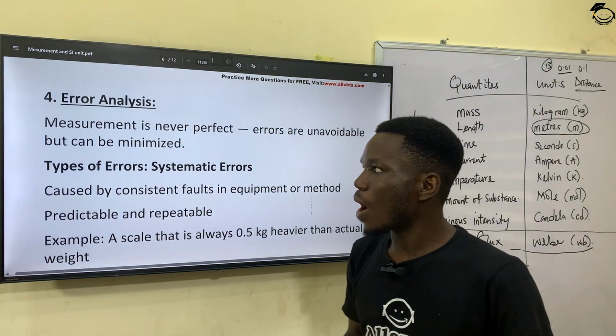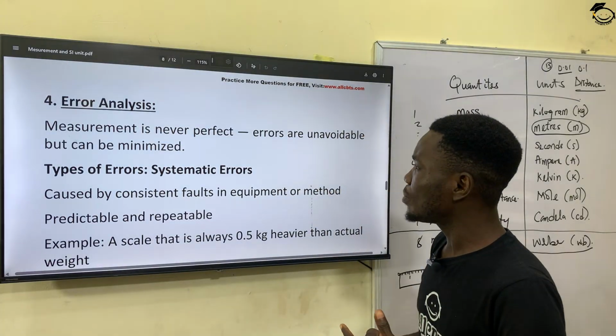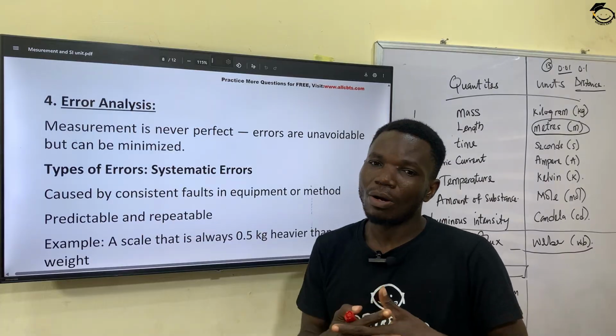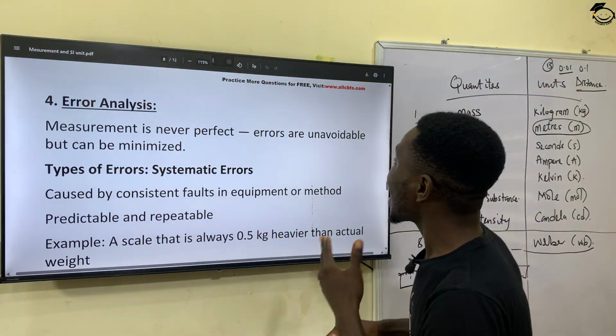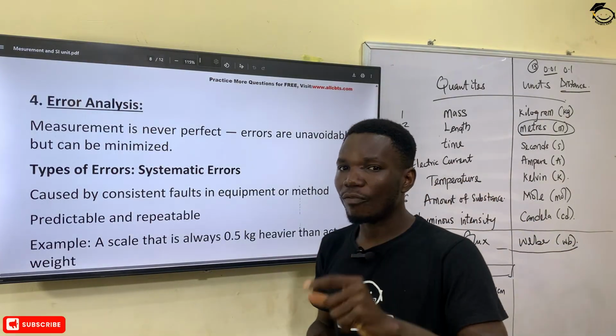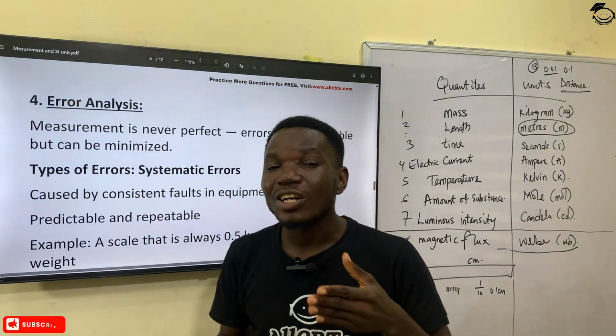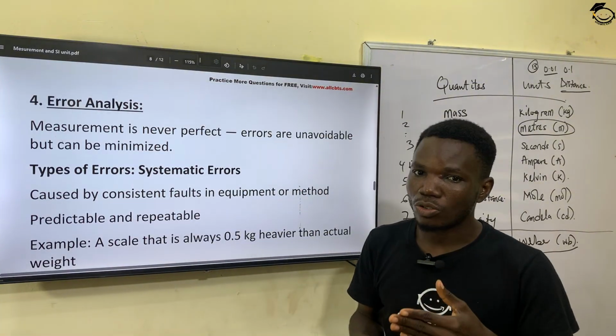Let's talk about error and the analysis of error. So what is error? Error is just talking about what? The imperfection in our reading. So measurements are generally never perfect because errors are unavoidable. Either the error is committed by the human or the error is from the apparatus that is used.